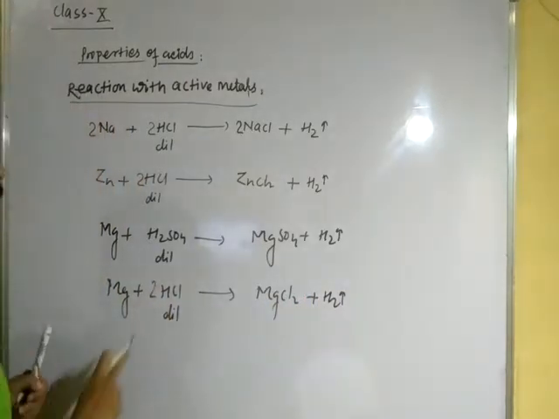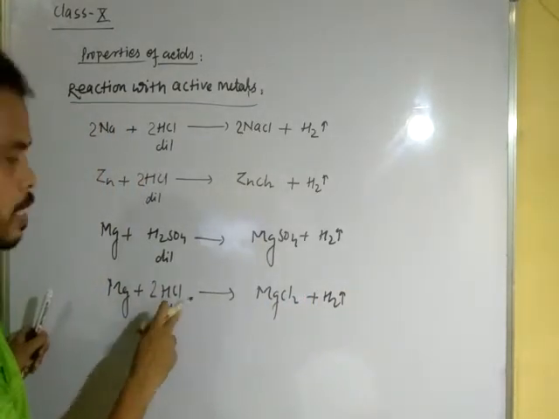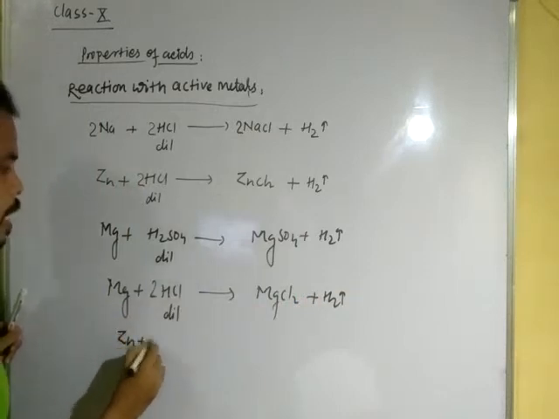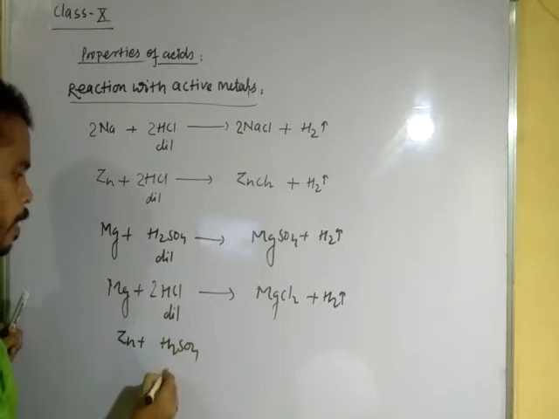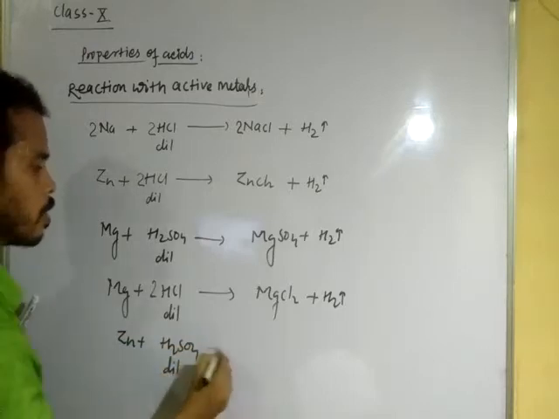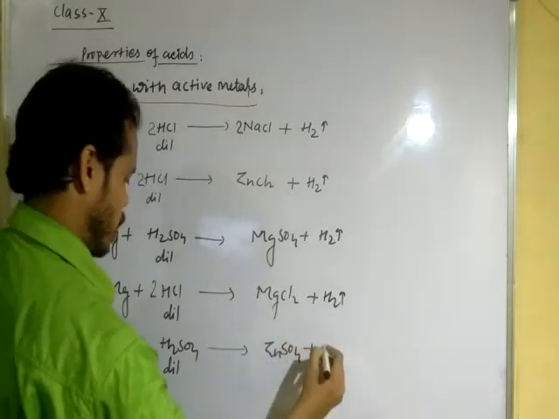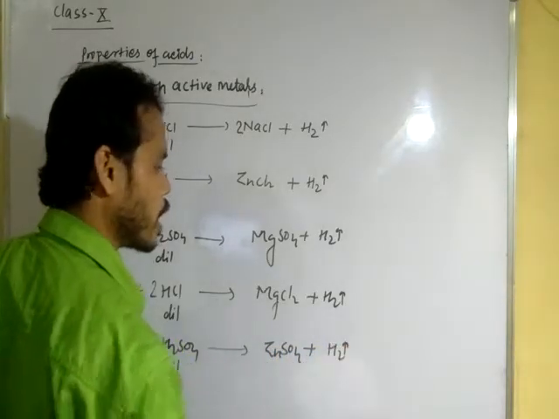Balance this reaction by multiplying HCl by 2. Once again, when zinc reacts with dilute H2SO4, it forms ZnSO4, zinc sulfate, and liberates hydrogen gas.